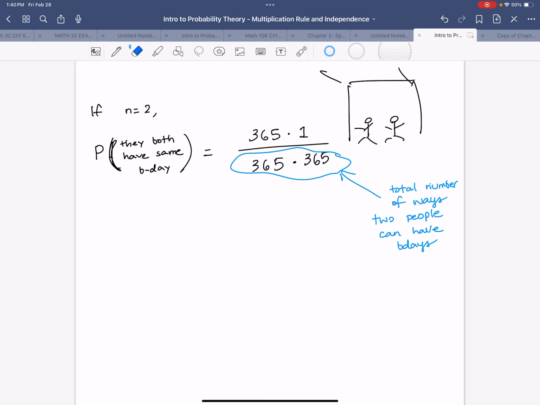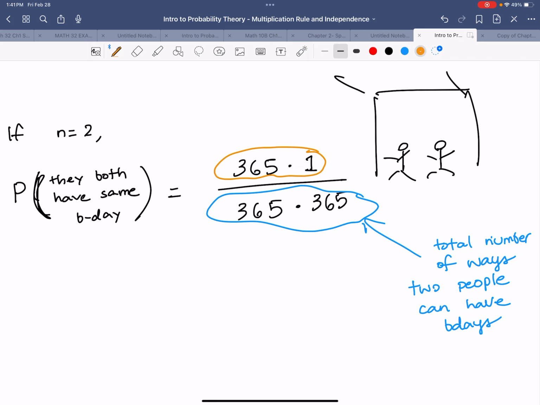The numerator, another way to think about it is to say, how many different ways can they both have the same birthday? Well, they can both have January 1st. They can both have January 2nd. They can both have January 3rd. So there are 365 ways they can both have the same birthday.